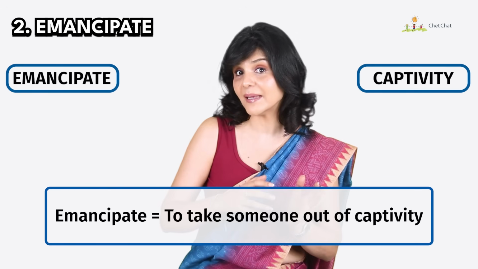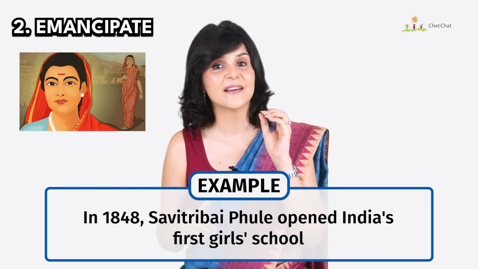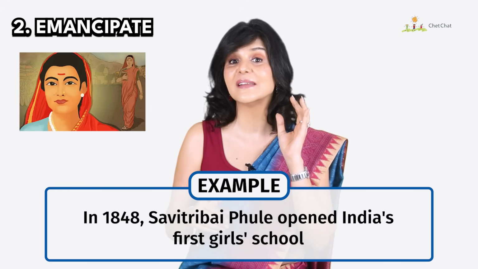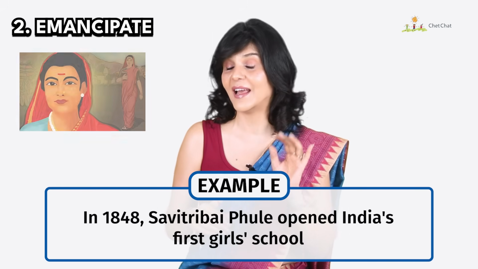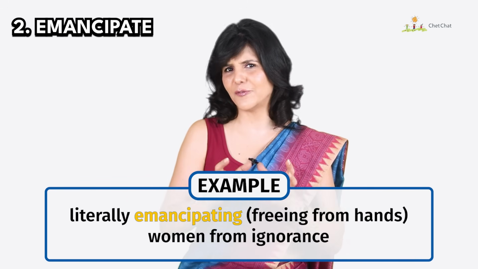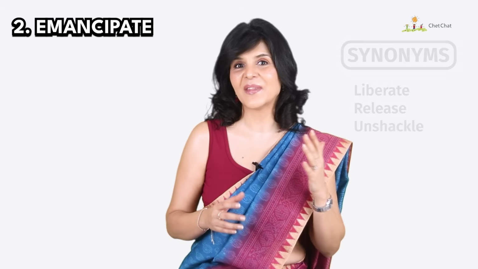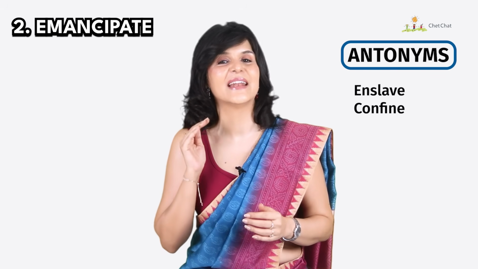To emancipate is to take someone out of their captivity. In 1848, Savitribai Phule opened India's first girls' school, literally emancipating, which means freeing from hands, women from ignorance. Synonyms for emancipate are liberate, release, and unshackle. Antonyms are enslave and confine.